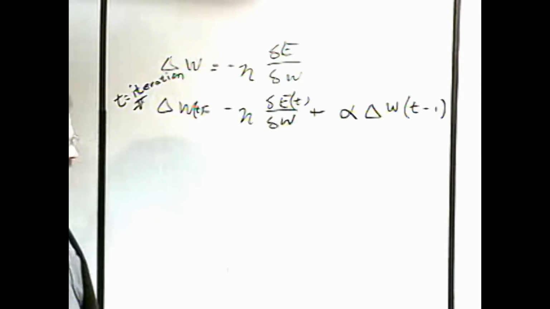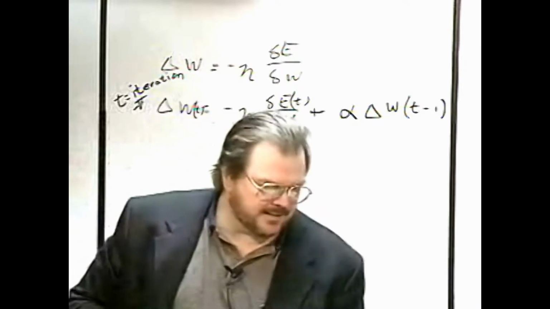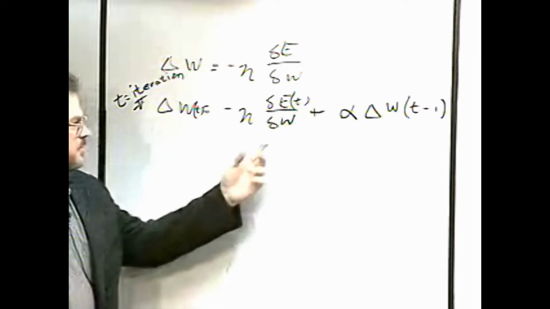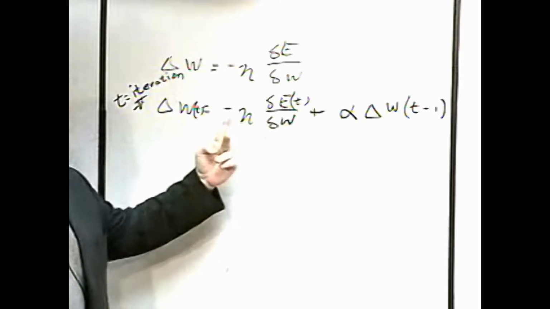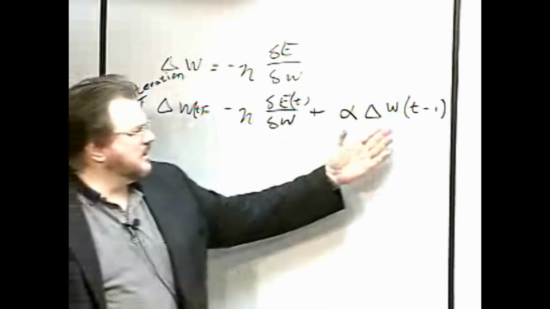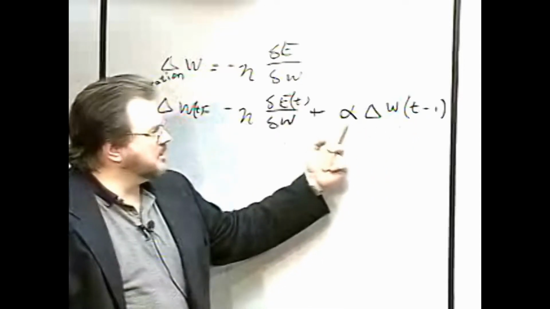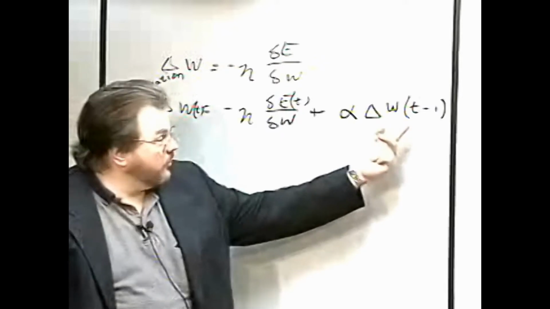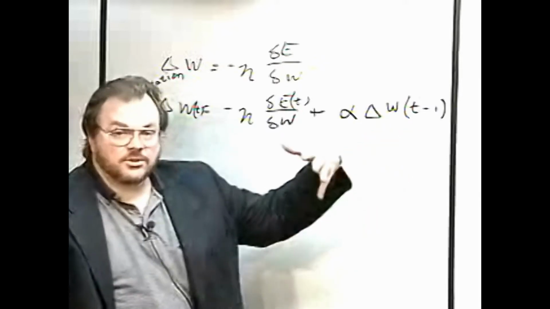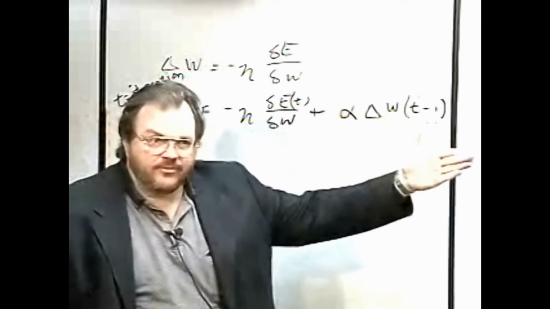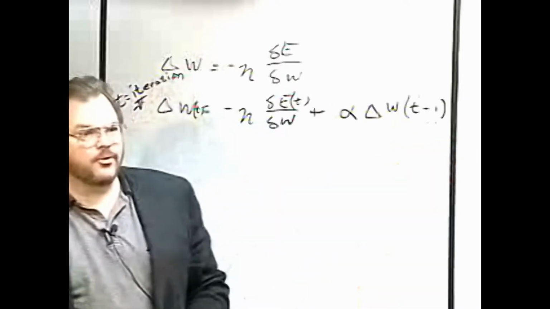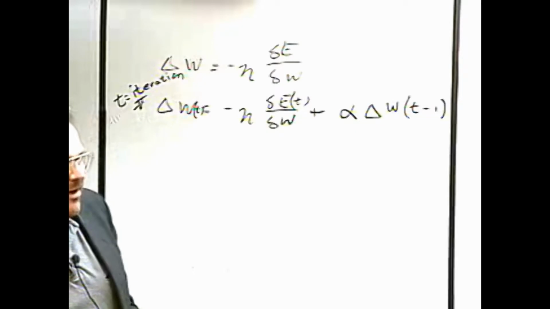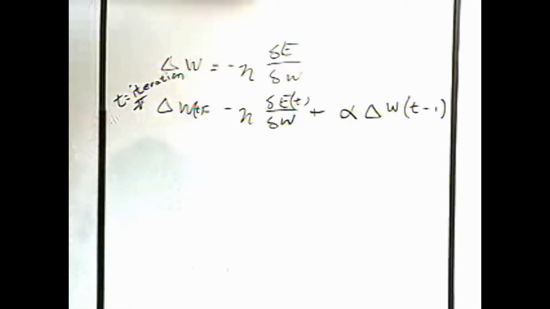Okay, so the step that we take at time t is steepest descent. Yes, we still want to go downhill, but we also want to step proportional to, and this is a coefficient which we'll talk about in a second, the step that we previously took. This will keep us from doing crazy things like going 90 degrees and turning around and going back from where we came from, because we have a momentum.